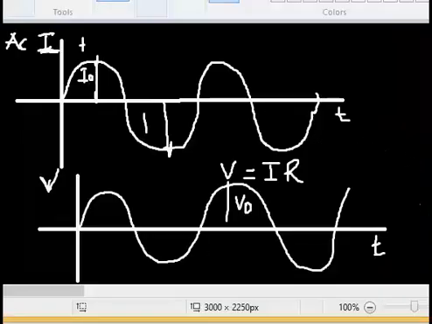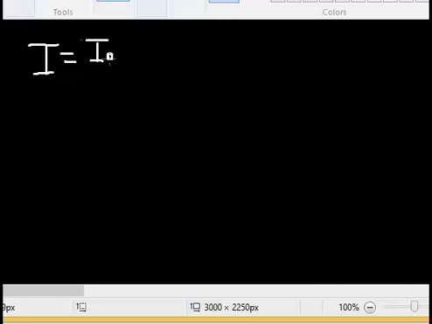Don't forget, if I want to represent the equation of an alternating current, it will be this. This is the equation of the alternating current. Now remember, this equation shows that the phase angle is equal to 0.